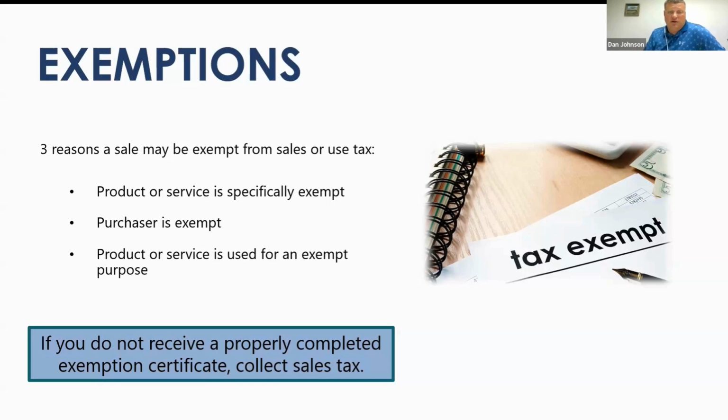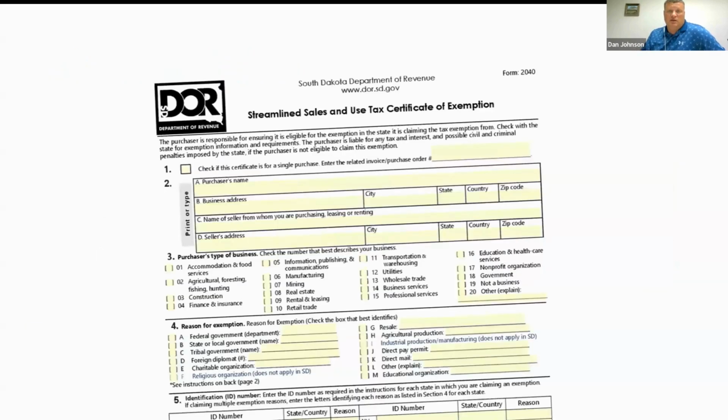Okay, if you do not receive a properly completed exemption certificate, please collect sales tax. The exemption certificate exempts the retailer and puts the sales tax or use tax on the purchaser. And so make sure you have a properly completed exemption certificate. Here would be a streamlined sales and use tax exemption certificate.